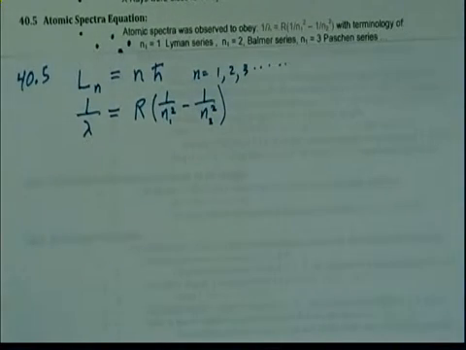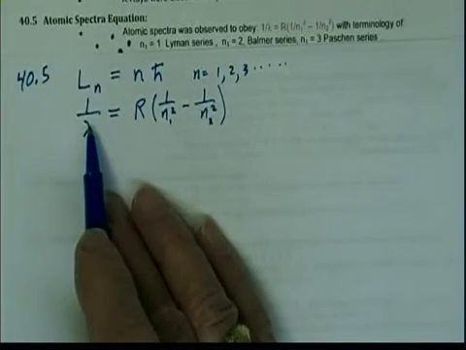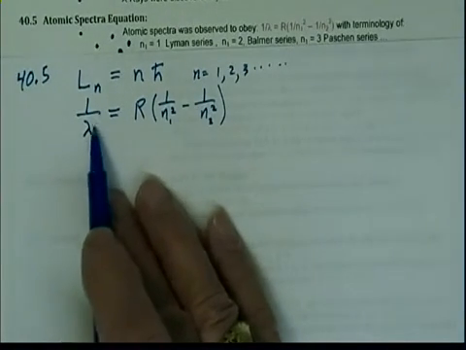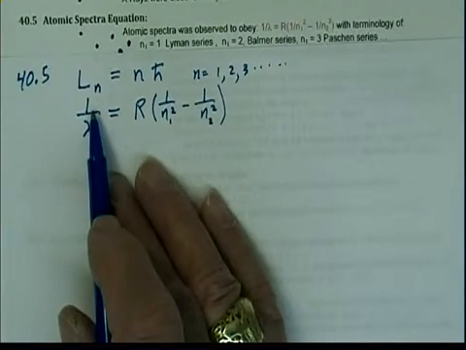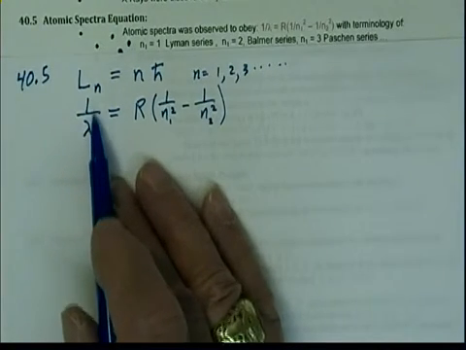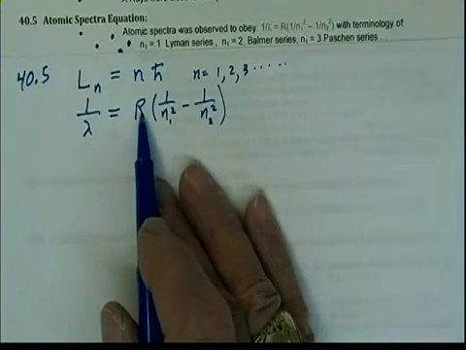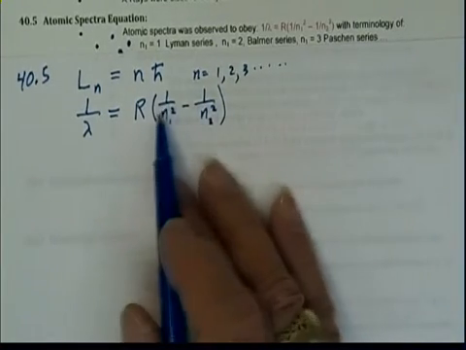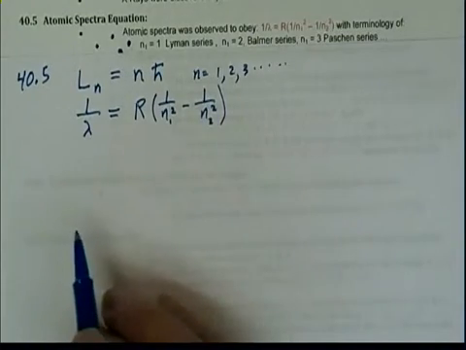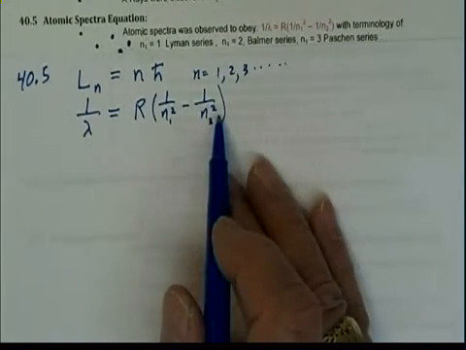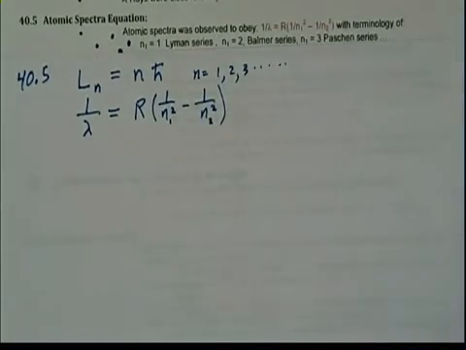Now, who on earth could have discovered something like that? If someone gives you the frequencies of all the emissions for different types of atoms, you would not say, oh, I believe the reciprocal of the wavelength is proportional to the difference of the reciprocals of the squares of two integers. How someone figured that out is totally beyond me.